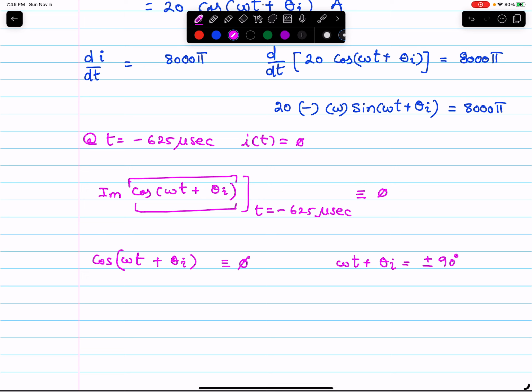Cosine of plus 90 is 0, cosine of negative 90 is 0, but I'm going to say omega t plus theta i equals negative 90 degrees, and the reason is because we are delaying.